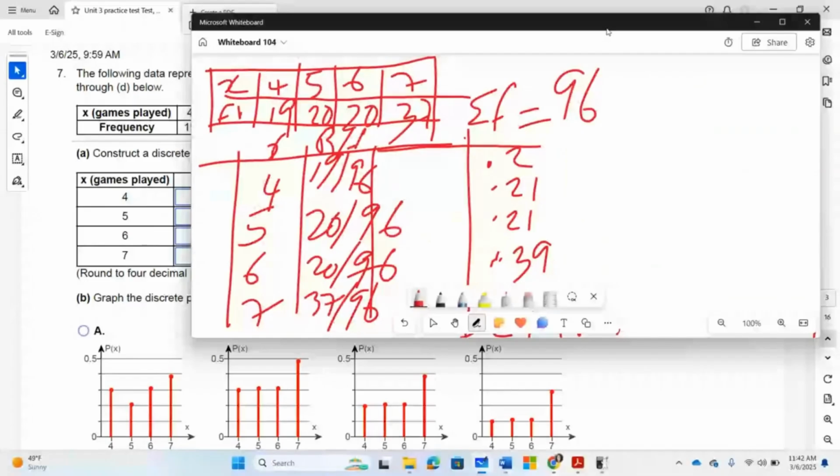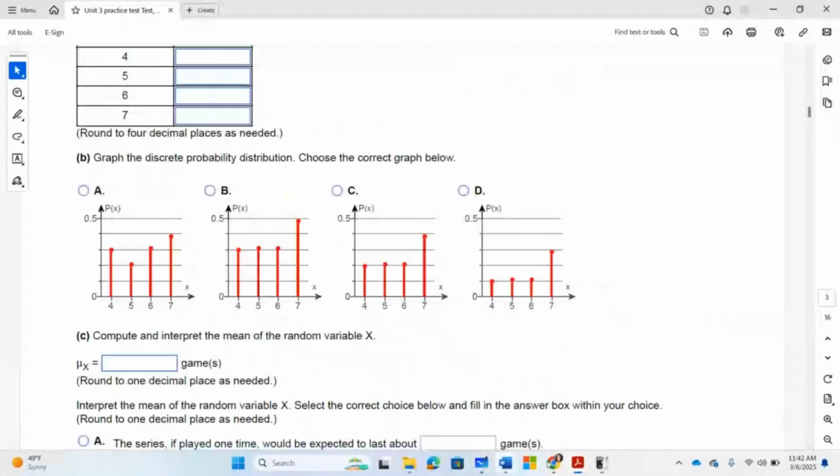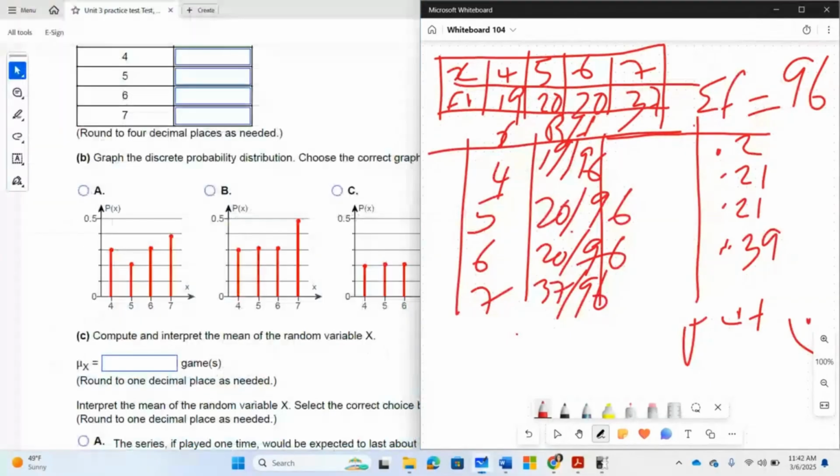Now I'm about to look at the probabilities. The highest probability is the last one, 0.39.